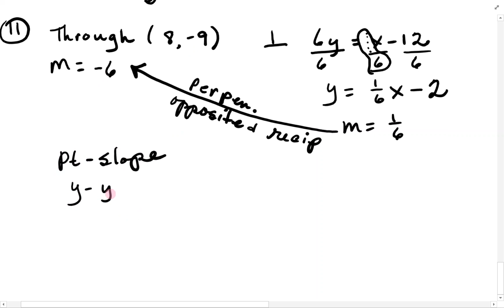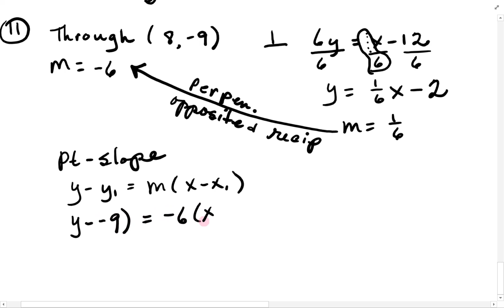Y minus y1 is equal to m times x minus x1. Y minus negative 9 is equal to, let's see, I got a slope of negative 6 times x minus 8. I would say that one of the most common places for an error is right here. The formula has a minus sign and the y value had a negative, so it's minus minus.